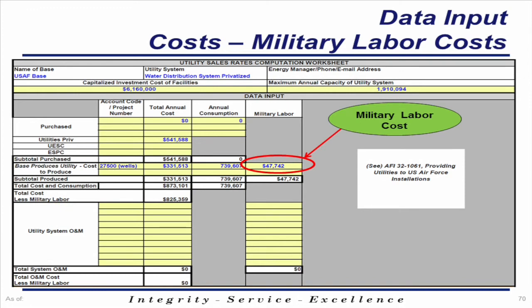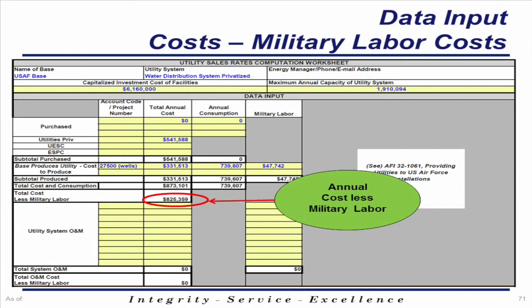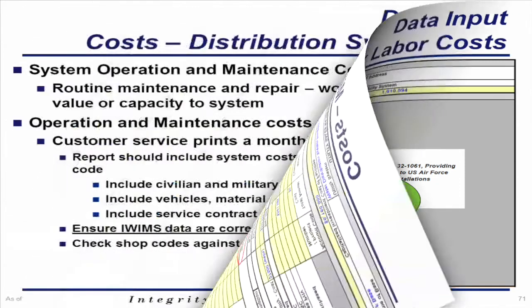You can see there you have a production cost including military labor, you have military labor, and you have the cost less military labor.